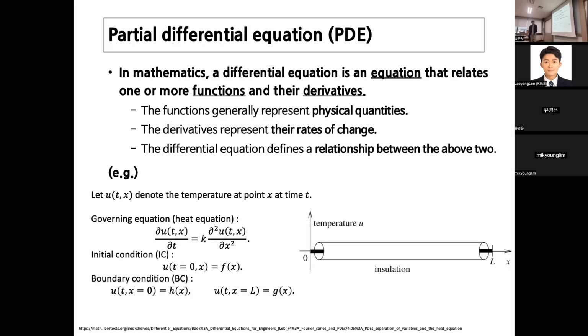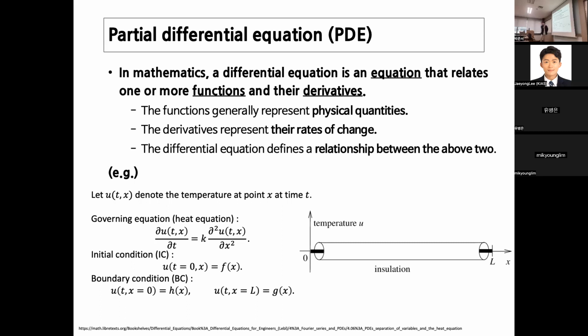Maybe you already know this, but in case there is no background on PDEs, I'll introduce PDE, partial differential equation. In mathematics, a differential equation is an equation that relates one or more functions and their derivatives. The function is generally represented like physical quantities, and the derivatives represent their rates of change. The equation defines a relationship between these two.